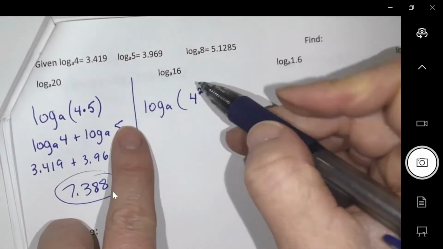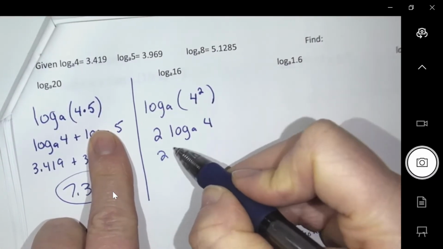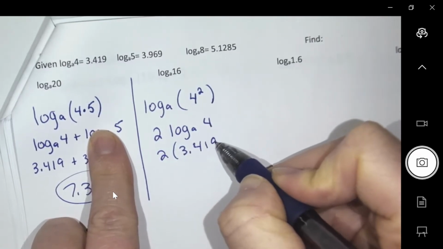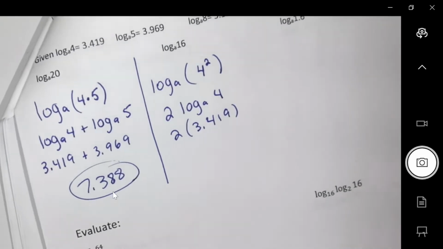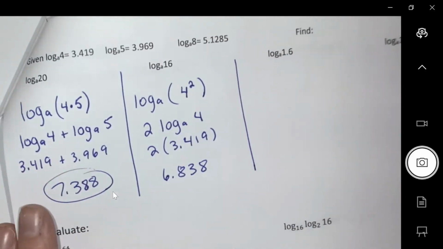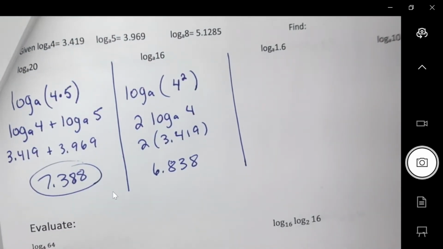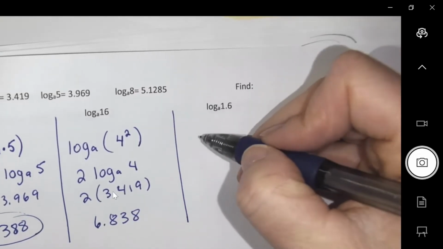If this is a power, it will now get to be a multiplier. Okay, and then I fill in log A of 4 because I know that decimal number. Okay, log A of 1.6.